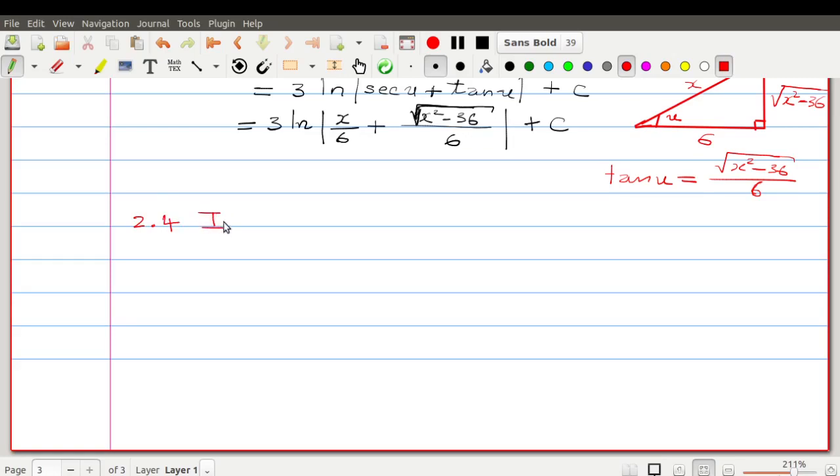Integration of rational functions. Of course, rational functions of trigonometric functions, because it is a rational function of sine and cosine.